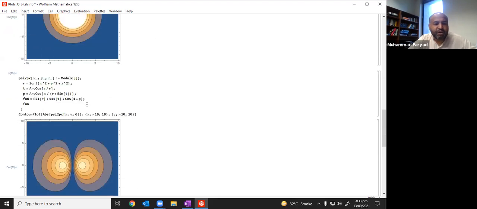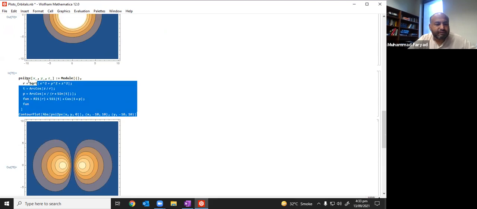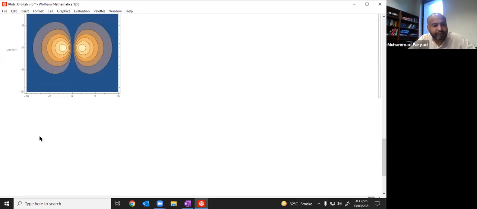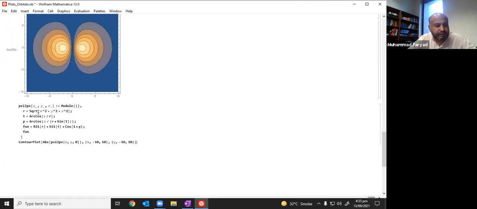And if you just plot the psi 2p1, so psi 2p1 has exponential iota 1 phi. Okay, and this is 2p1, and let's see.